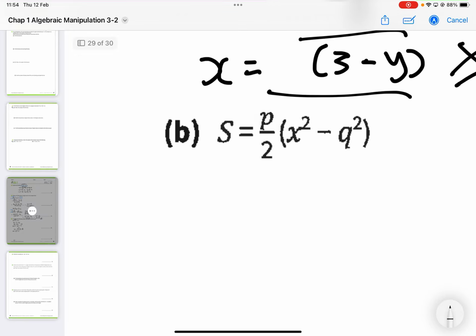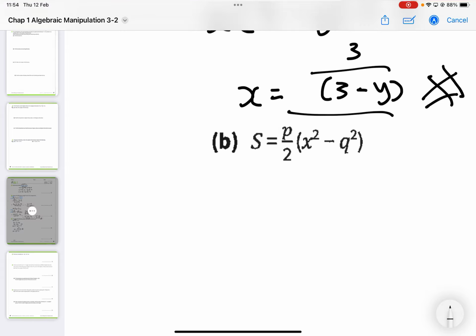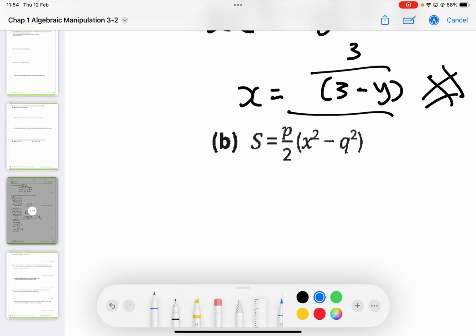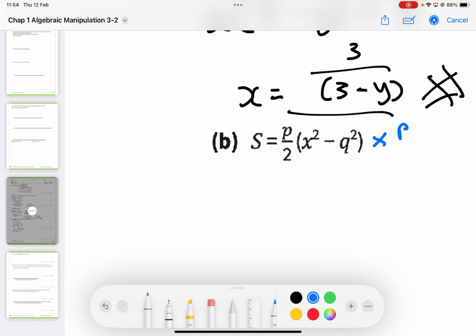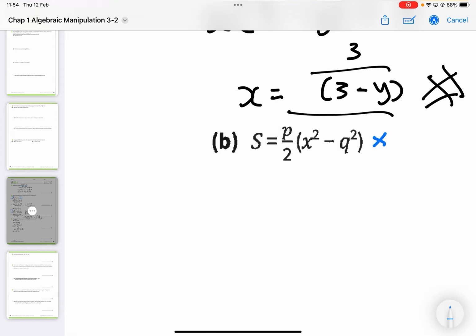bracket. If my p over 2 disappear from the right, then nothing multiply my bracket. I no longer need to put the bracket. So, instead of opening the bracket, I multiply 2 over P to both sides. I am doing the same thing. So left and right will still be equal. Okay?